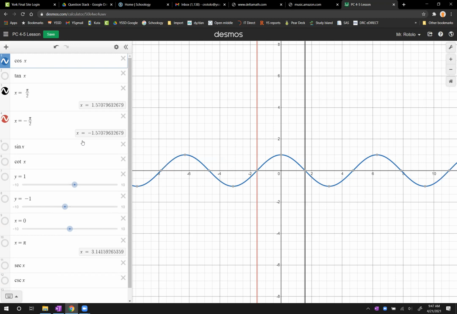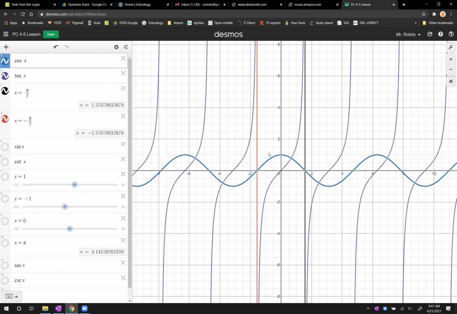The next thing we want to do is also realize that at 45 degrees, root 2 over root 2 is going to give me 1 all the time. So at 45 degrees, I'm trying to find out where I get 1. Let me put tangent on here so we start to see what that graph is going to look like.